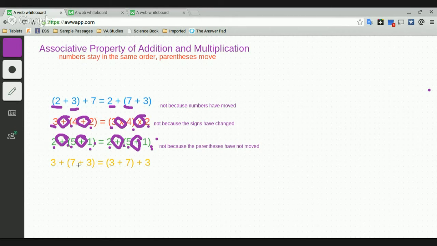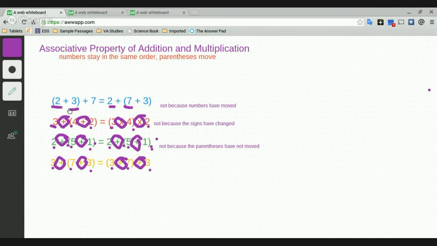So let's take a look at this last one. We have 3 plus 7 plus 3 equals 3 plus 7 plus 3. Now we have 3, 7, 3, 3, 7, 3. So the numbers are in the same spots. Now let's see, we have plus signs. So far so good. And the parentheses, they have moved.